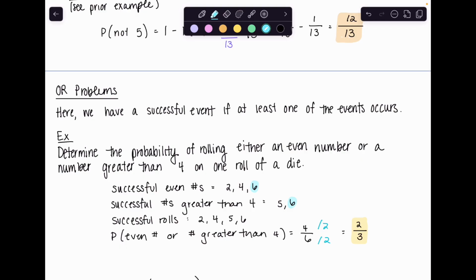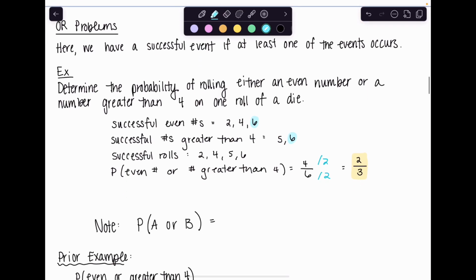So a really common mistake when you're doing OR is you just add the probability of getting an even number plus the probability of getting a number greater than 4. So treating those two events separately. However, if you look, there's overlap between the two. We have 6 that fits in both categories. So what we end up actually having to do is we have to remove that overlap.